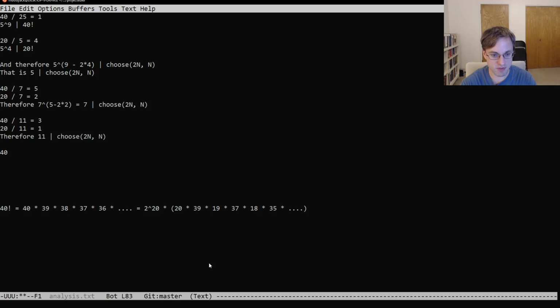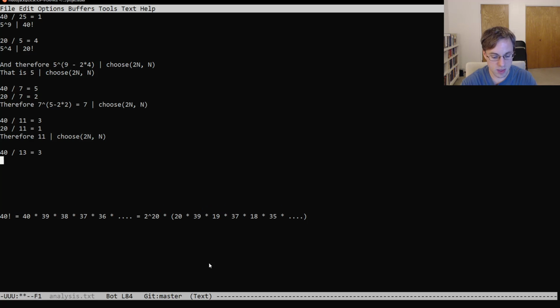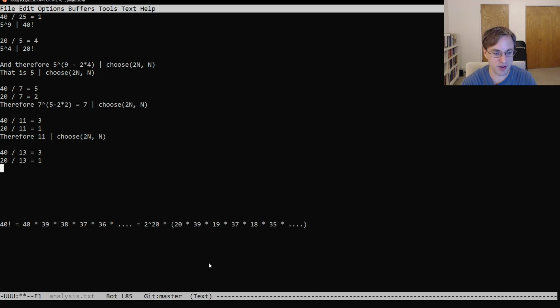Okay, now we have 40 divided by 13 is equal to 3, and 20 divided by 13 is equal to 1. Oh, this is exactly what I was just saying. I don't know why I thought I had made a mistake. Therefore, 13 divides choose 2n.